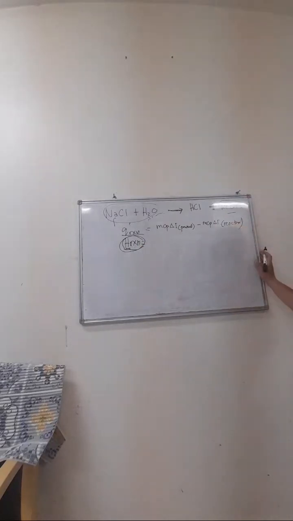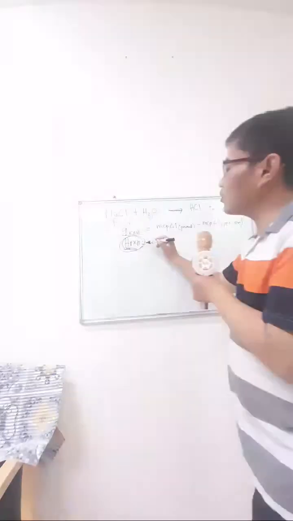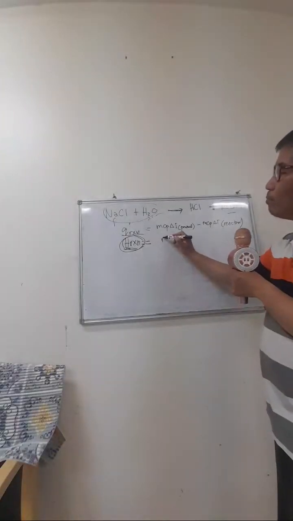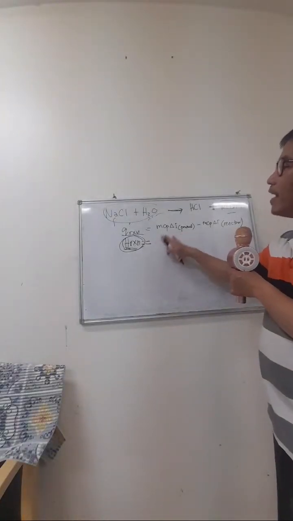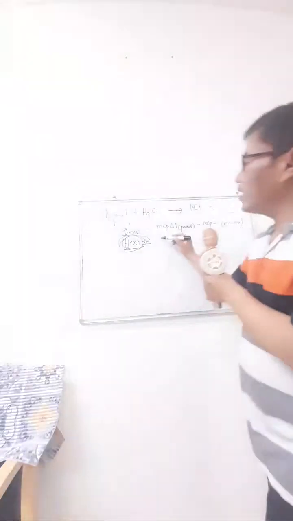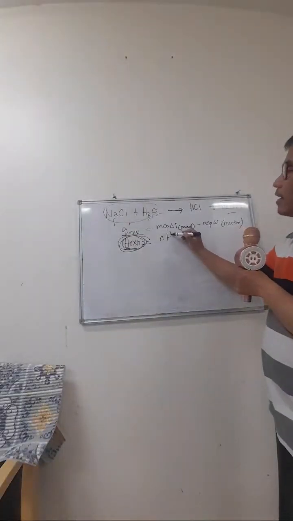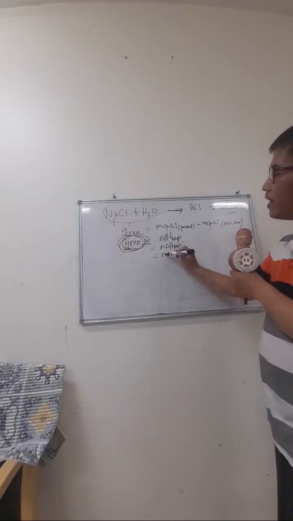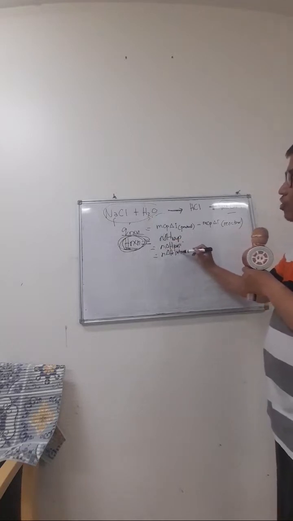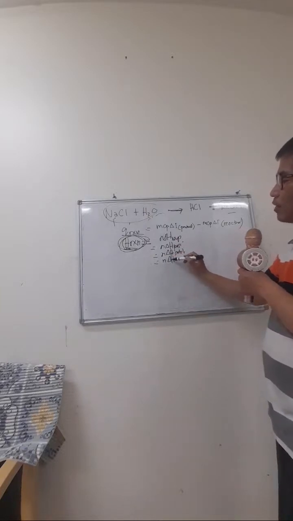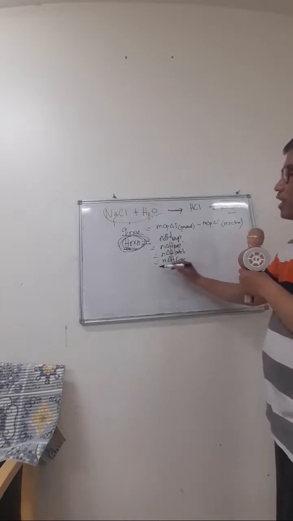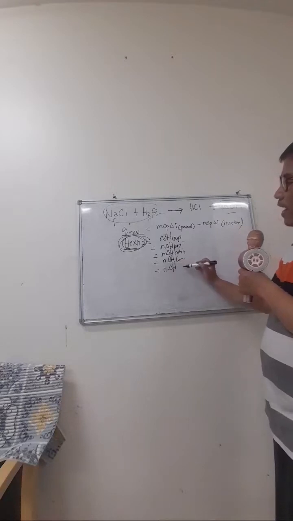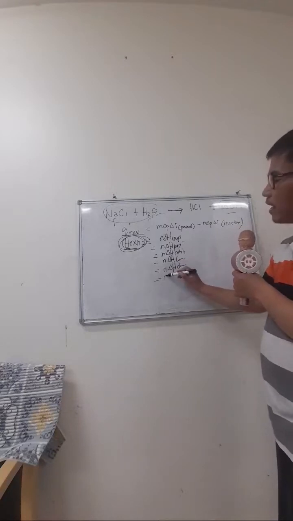Just a capital H. So it will become the number of moles times the delta heat of vaporization, times delta heat of fusion, and delta heat of sublimation, and delta heat of condensation, and delta heat of deposition, and delta heat, all phase changes.